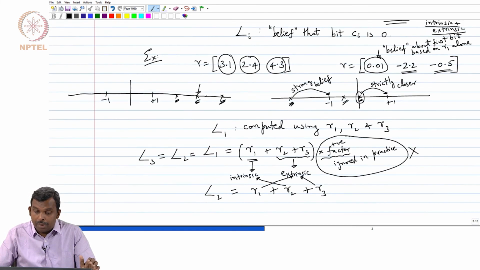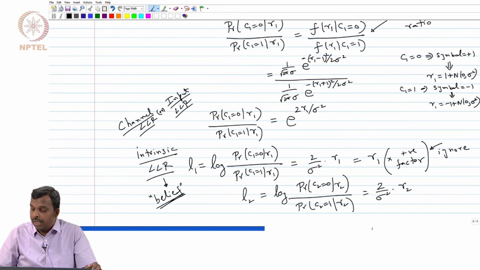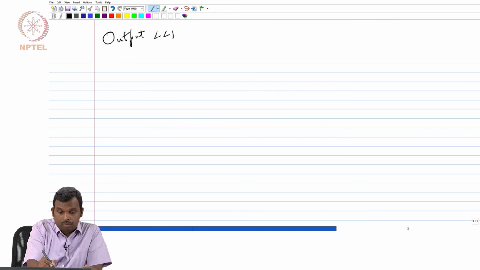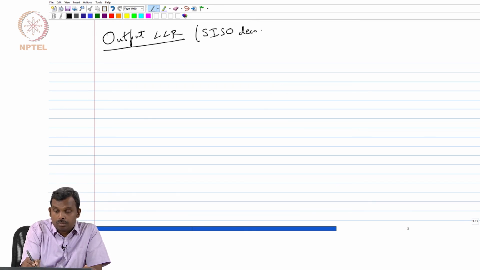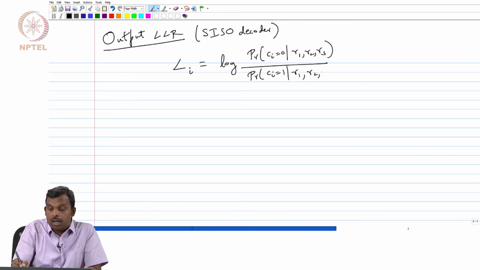Now, like I said, I am interested in a final belief which is a combination of all the three received values. So for that, what I need to do is the following. The output LLR in my SISO decoder: this capital Li is actually the log of probability of Ci equals 0 given R1, R2, R3, all the three received values, divided by probability of Ci equals 1 given R1, R2, R3.